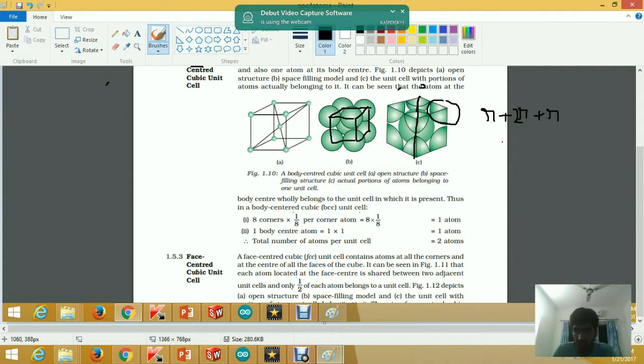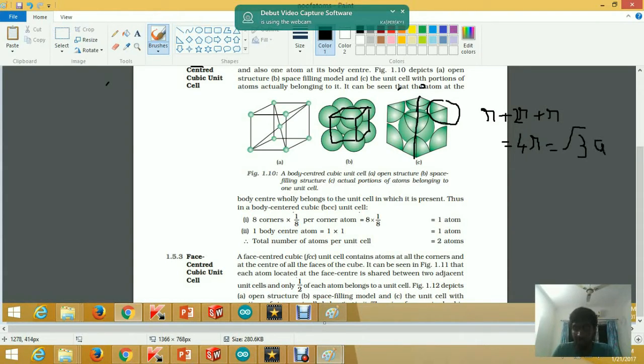So this gives a total of 4r, correct? But we also know that this 4r is the same as the diagonal of this cube. So the diagonal of this cube is equal to root 3 here.